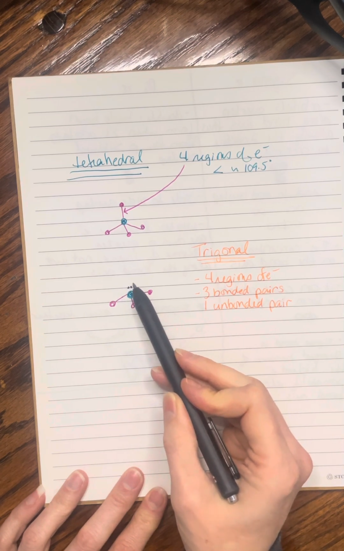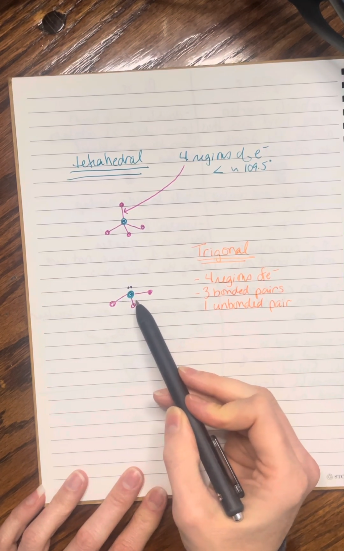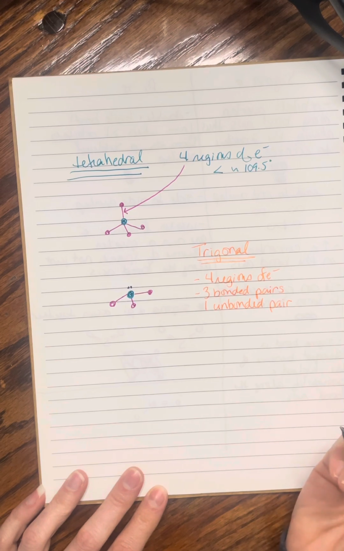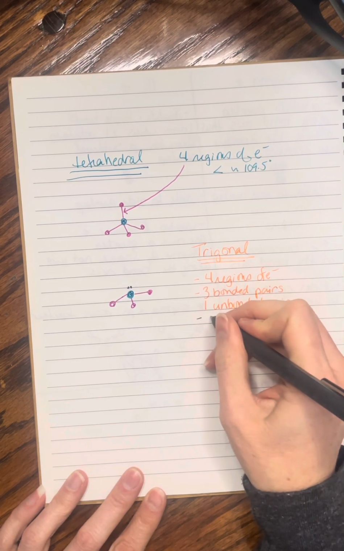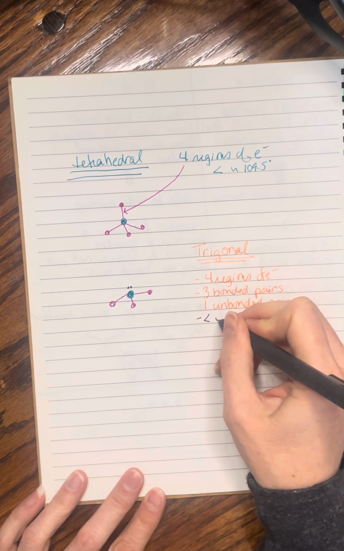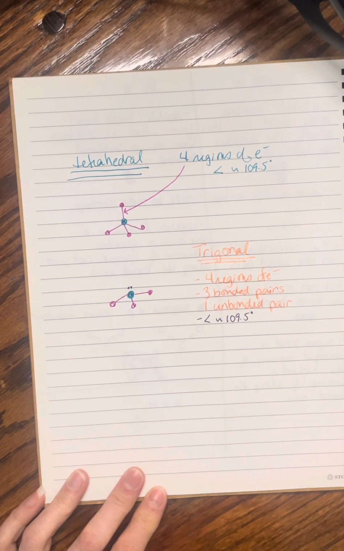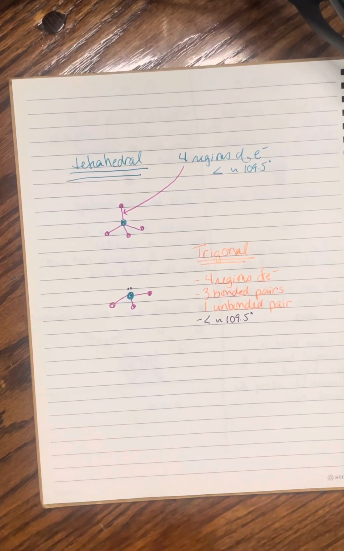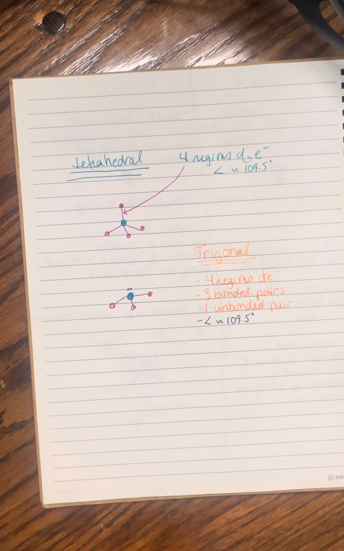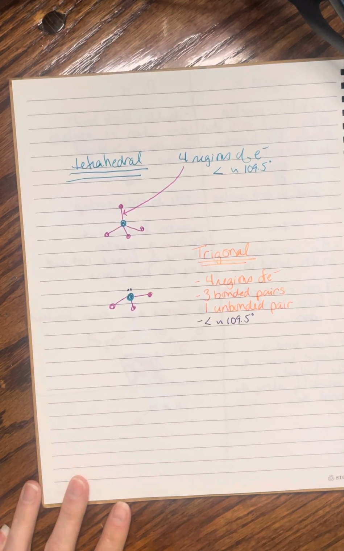This is going to have a pretty strong force. It's going to push these 3 a little bit closer together, and they're still going to have about a 109.5 degree angle. Okay, so that's your trigonal. Let's see here. The next one is trigonal planar.